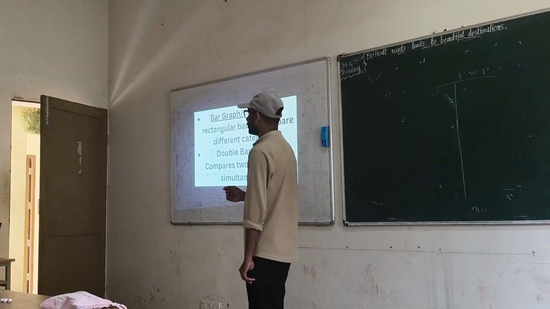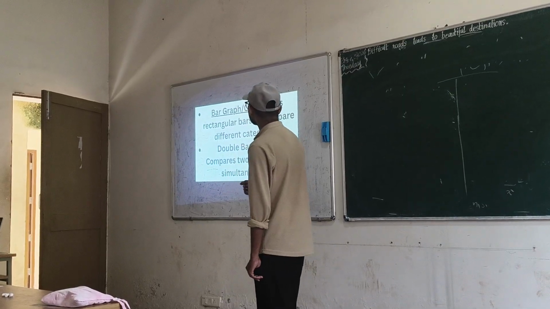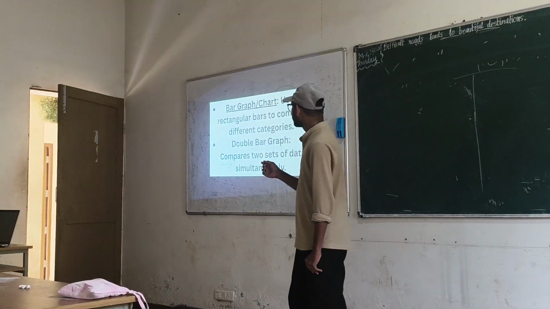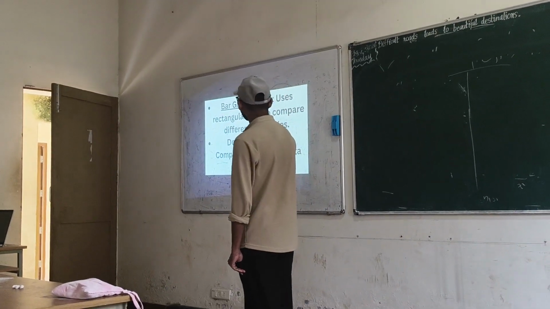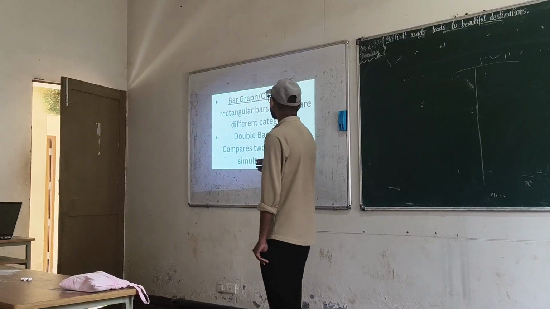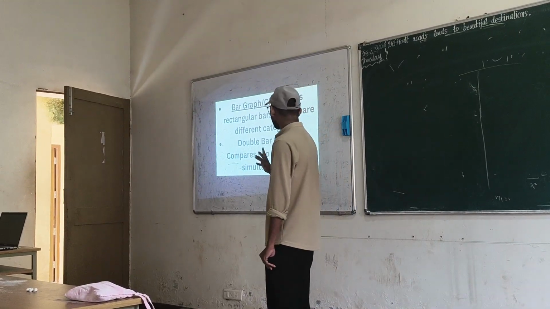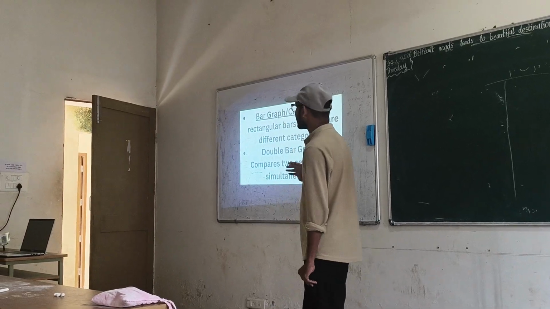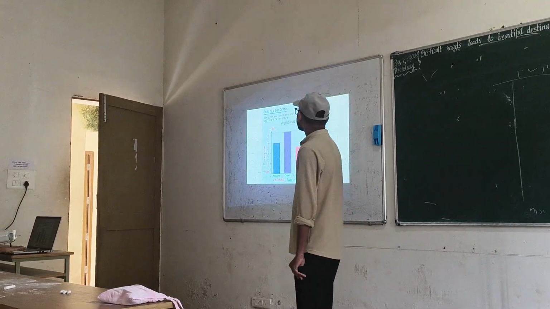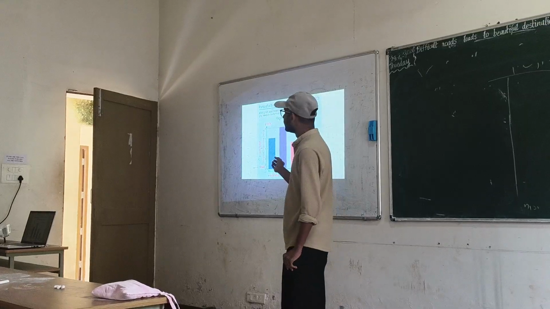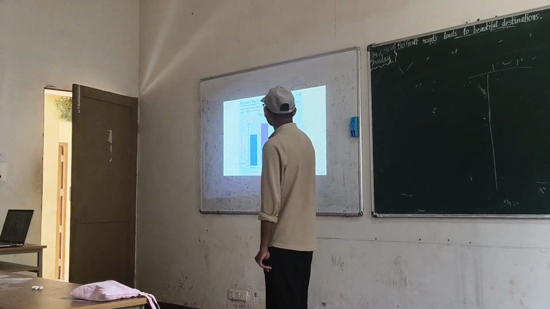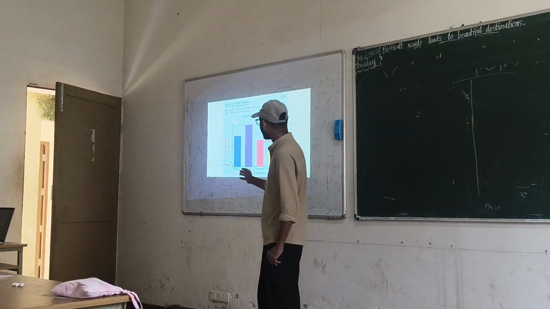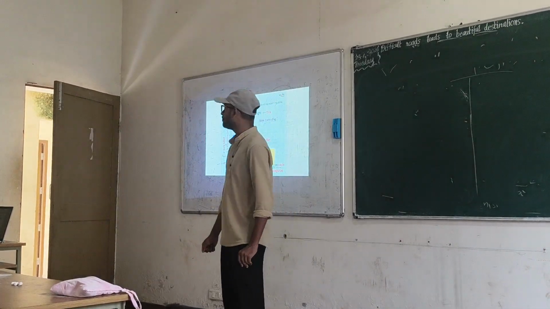The same data can be represented in the form of a bar graph or chart, which uses rectangular bars to compare different categories. You can see that image here. This is the image of a bar graph. We can see there are potatoes, onions, tomatoes, and capsicum.